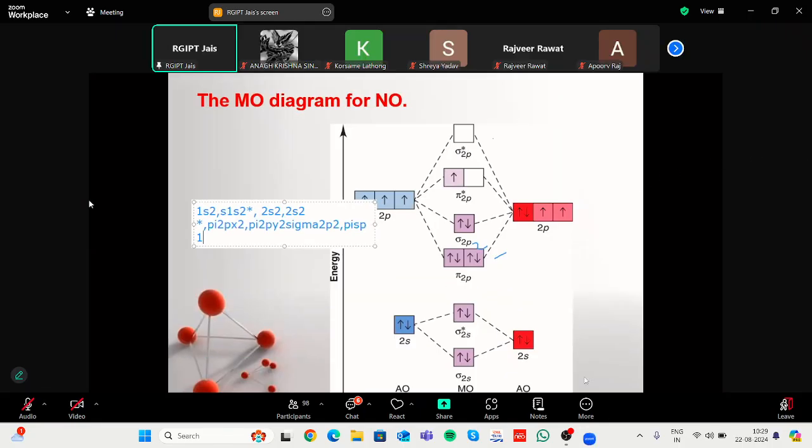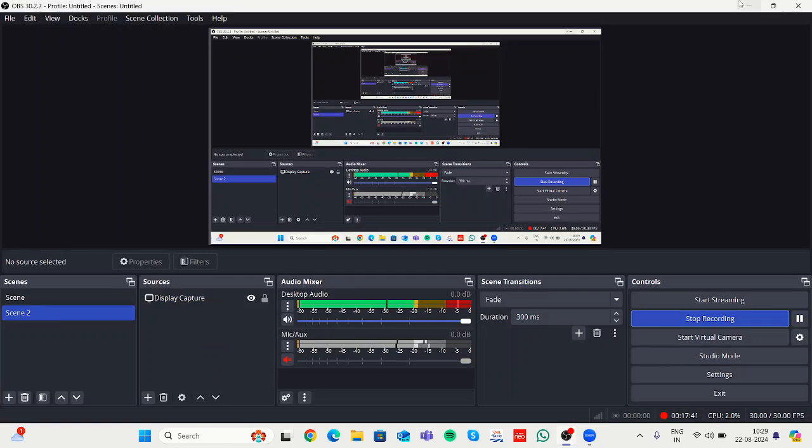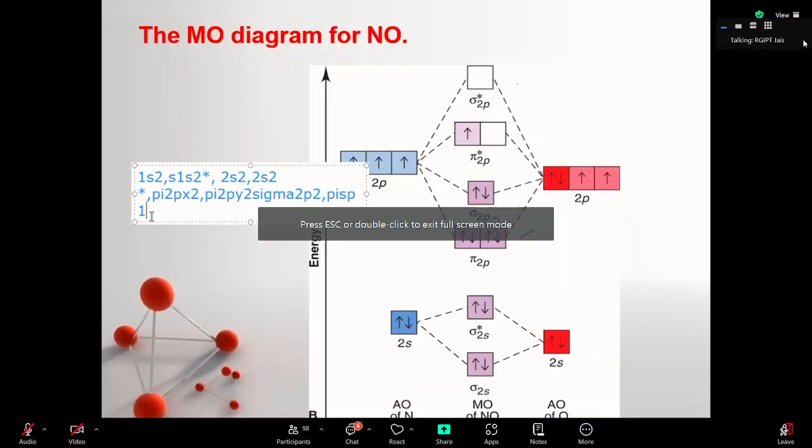This way. There is some problem in writing pi and sigma, that's why I write pi.